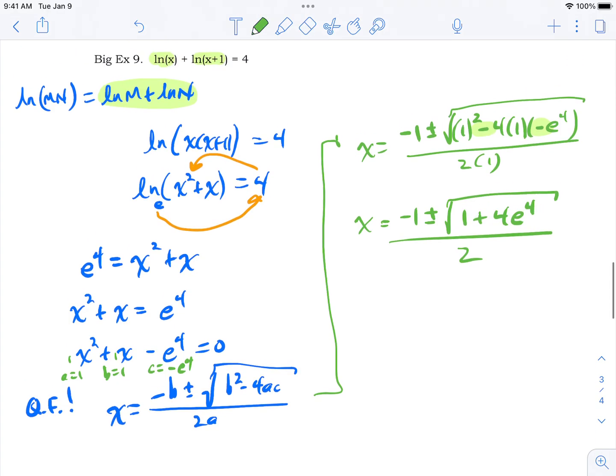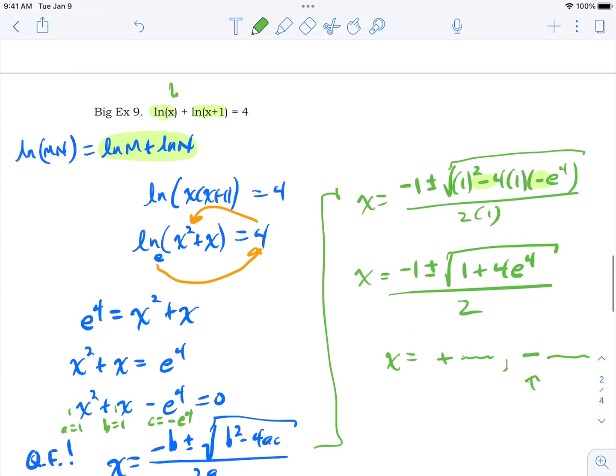Next question. Notice this is giving me 2 answers: x equals negative 1 plus some big thing, which is going to be a positive answer, but it's also giving me negative 1 minus, which is going to be a negative number of some sort. Can I plug a negative in? No. So keep your eye out for that kind of stuff.